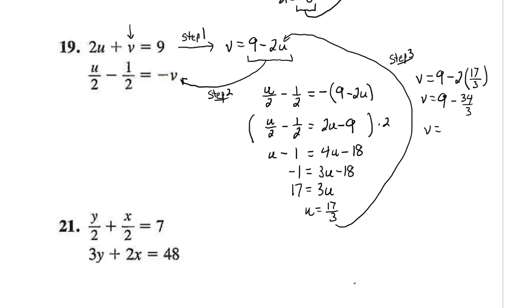Now let's get common denominators so that you can see the subtraction. The number 9 is the same thing as 27 thirds. Does that make it easier now to visualize the subtraction? This is negative 7 thirds. In alphabetical order, u comes before v, so 17 thirds, comma, negative 7 thirds.